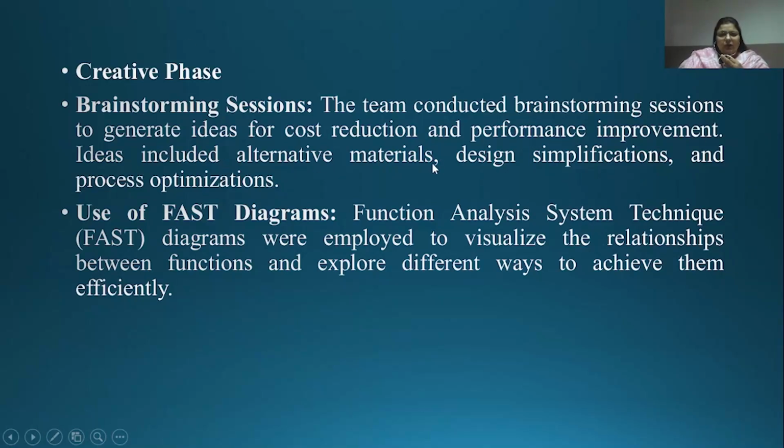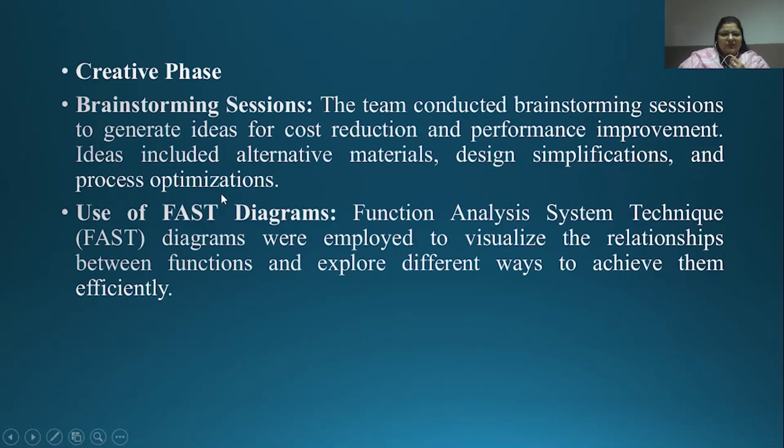Ideas included alternative materials, design simplification, and process optimization. So after the session, all the team members said what we can change: the alternative materials, or simplifying the design of the car, and optimizing the process of the overall design.